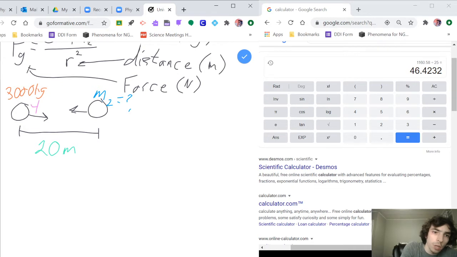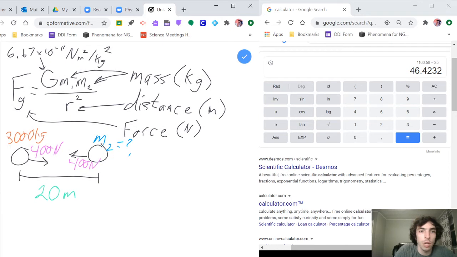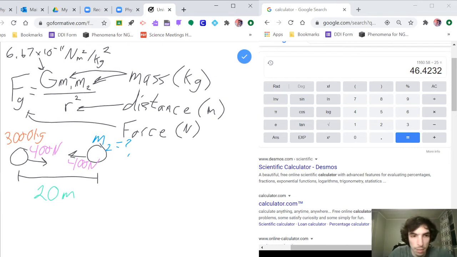No, let's say 400 newtons. So both of these masses feel that pull of 400 newtons on each other and towards each other, an attractive force as gravity always is. And we're trying to solve for this missing mass M2, or it could be M1, whichever you prefer, but it's one of those missing masses, right?